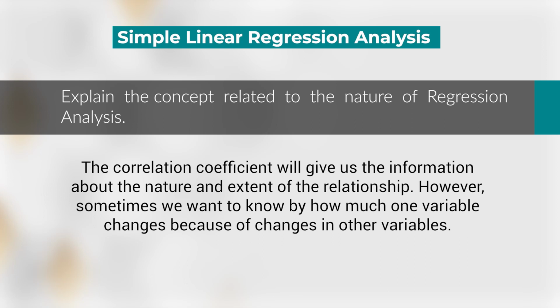The nature means whether x and y are directly proportional or inversely proportional, and the extent will tell us the percentage of the correlation coefficient, whether it is more than 50% then strongly correlated or less than 50% weakly correlated. Moreover, by the regression analysis, we also want to know how much one variable is affected by the other, and that is how the procedure will come up.